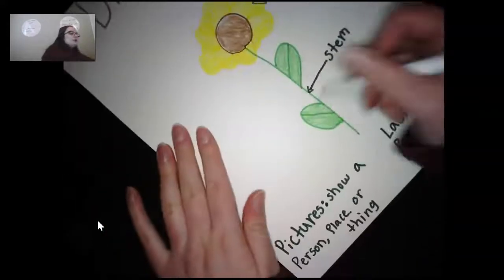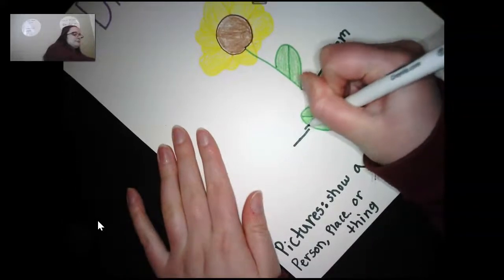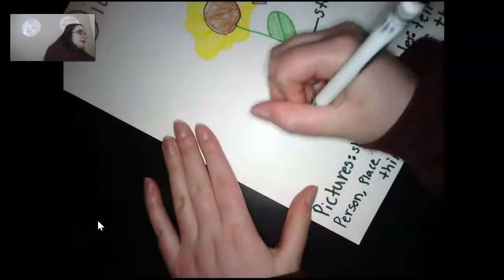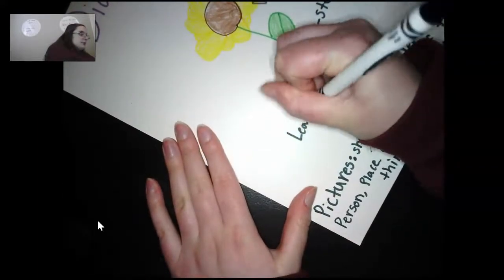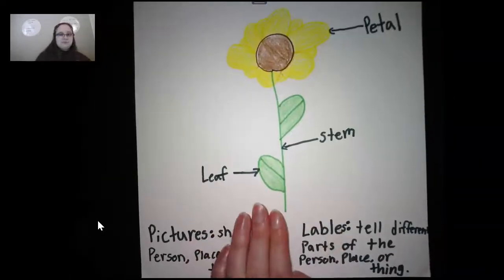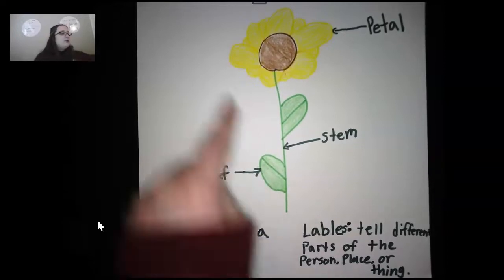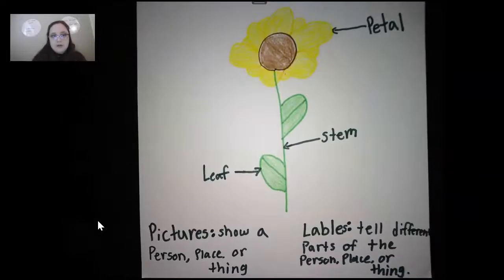So what I'm going to do is I'm going to draw an arrow pointing towards that, and I'm going to label it with what it is, and it is a leaf. So we have that. And so what I also need to do is label one more thing. And I wanted to show you guys this one just so you know that sometimes your arrows are going to go over other parts of your diagram.